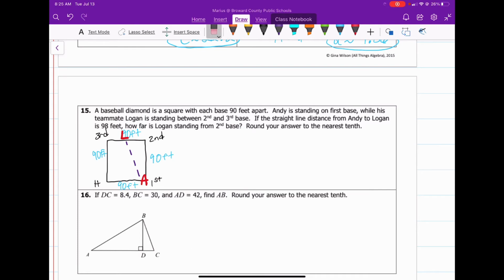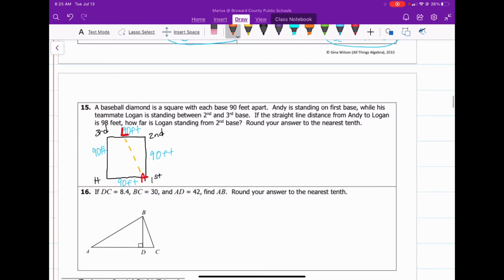As a matter of fact, let me use a different color. Let's do yellow. So from Andy to Logan, that is 98 feet. Okay? And what do they want to know? How far is Logan from second base?